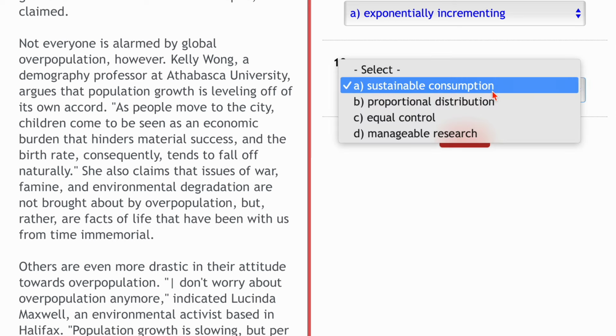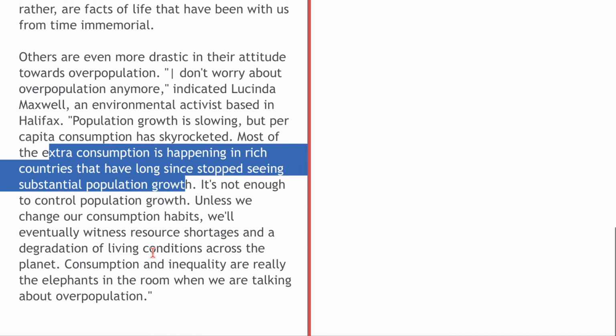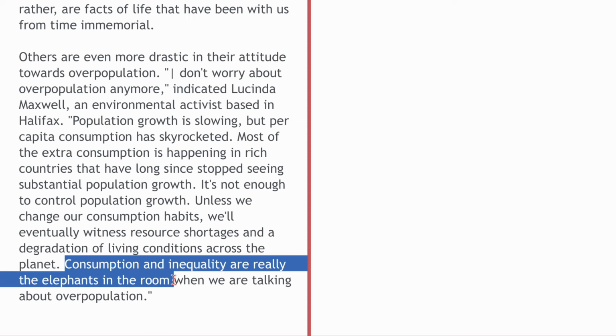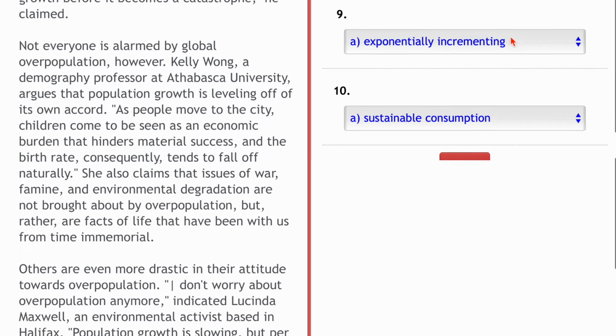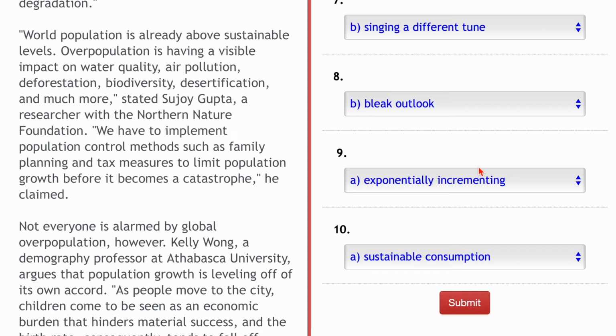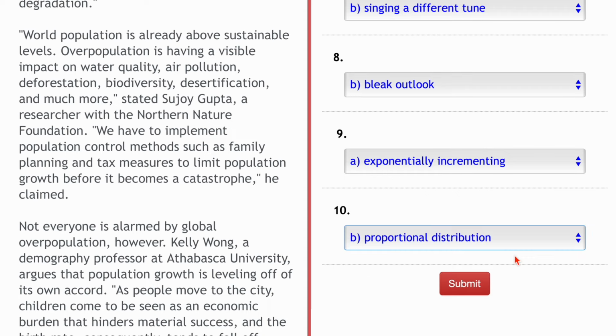But she also talked in the end, very important, consumption and inequality are the real elephants in the room. This means that poor countries or developing countries, they don't have enough resources to consume.